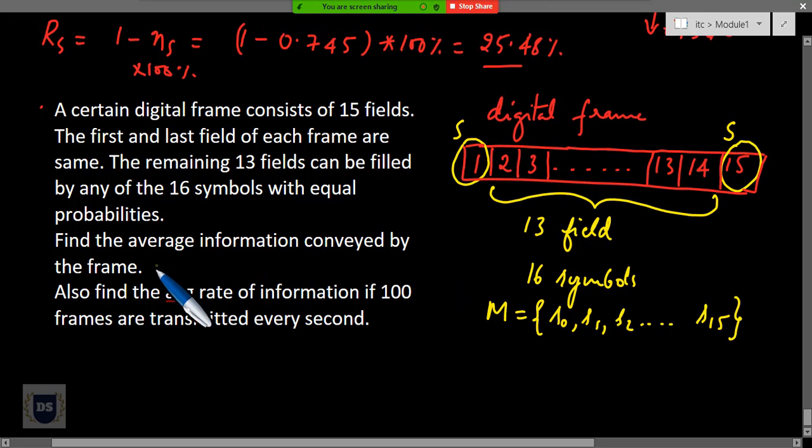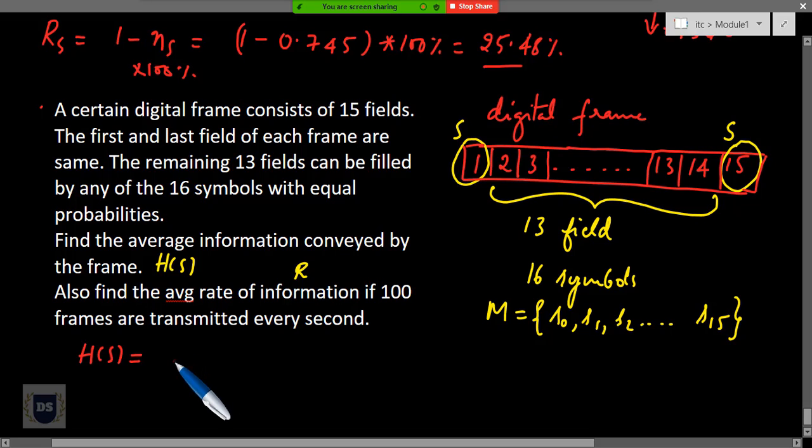Now they are asking us to find the average information conveyed by the frame. Average information is nothing but entropy, that which is represented as H of S. So initially they are asking us to find out H of S, followed by the average information rate, that is capital R, if 100 frames are transmitted every second. Now over here, I can think of this H of S as a cumulative kind of entropy due to field number 1, field number 2, field number 3, likewise field number 4, field number 13, field number 14 and field number 15.